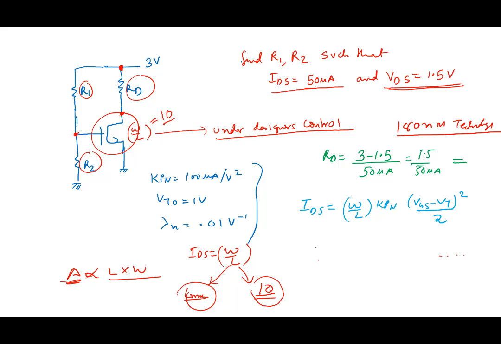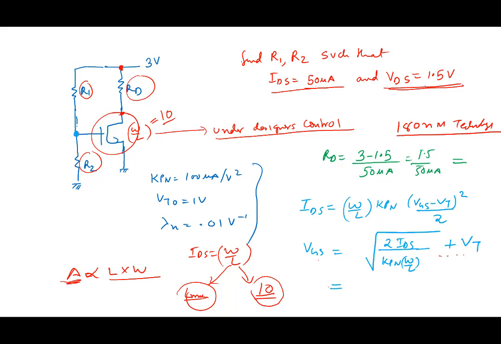So this equation tells us that VGS, the voltage that I require at this point, VGS is equal to square root of 2 IDS by Kpn W by L, plus VT. So that's the value of VGS that I require.